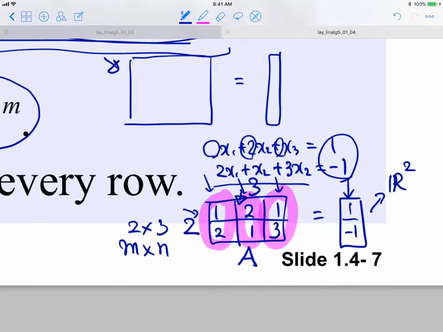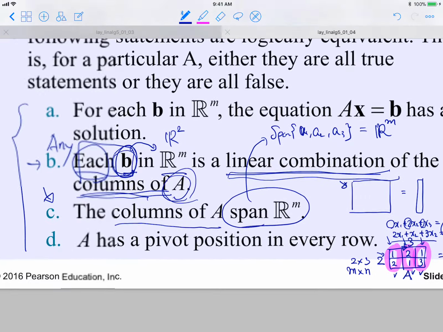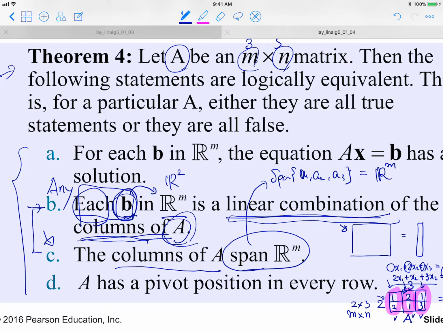In this case, what does that mean? The span of these 3 vectors is the same as the entire universe of R2. So this is when we can guarantee the existence of a solution regardless of any b. So item B and item C are equivalent, and we can easily understand that.